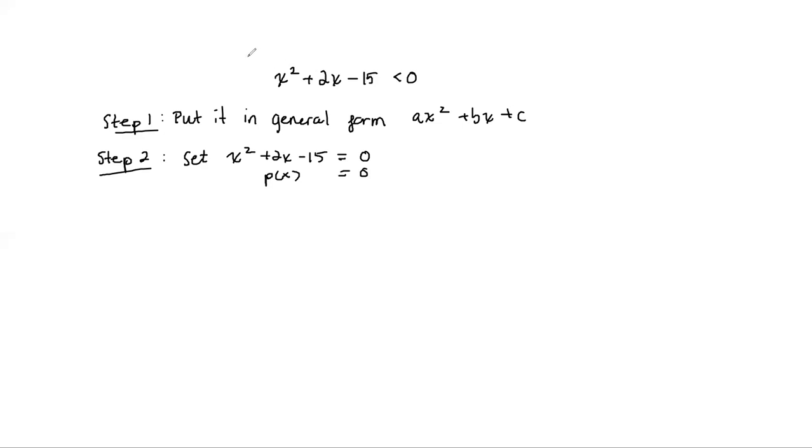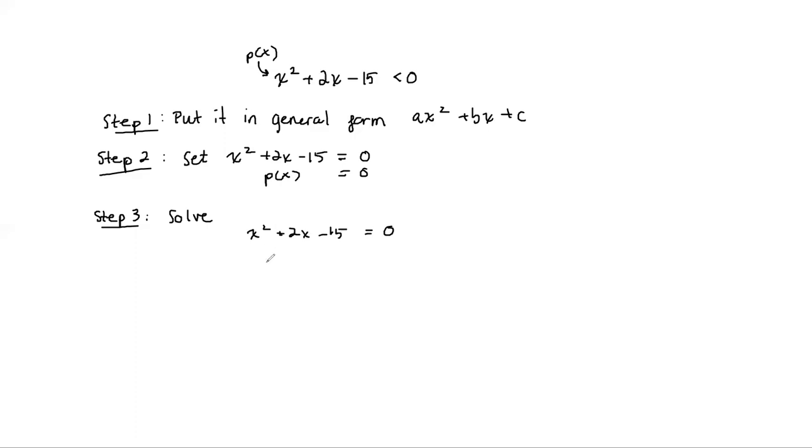In this case we have this one here, and we're going to solve. Okay, so step 3, solve. So I have x squared plus 2x minus 15 is equal to 0.